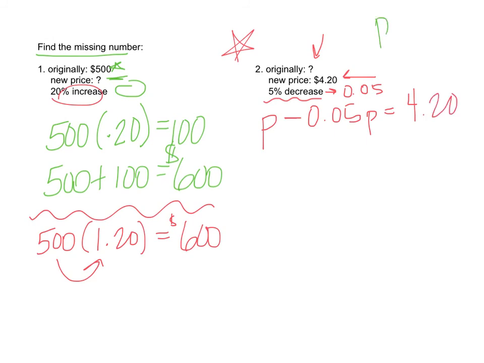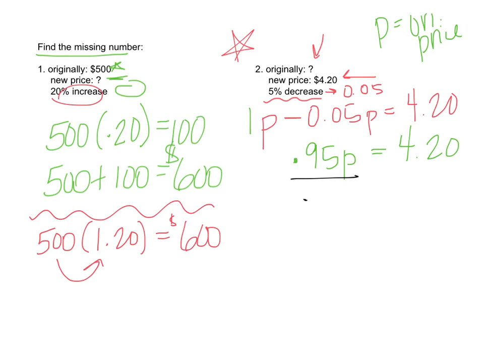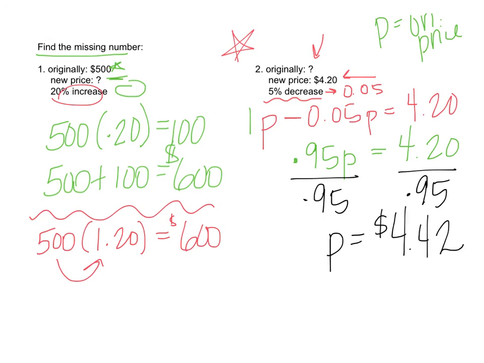So again, this P is the original price. Okay? Now these are like terms. So 1 minus 0.05 gives you 0.95P, which equals 4.20. Now you've been practicing algebra, you know what this means, multiply. So to undo multiplication, we're going to divide both sides by 0.95, and the original price is going to be $4.42.